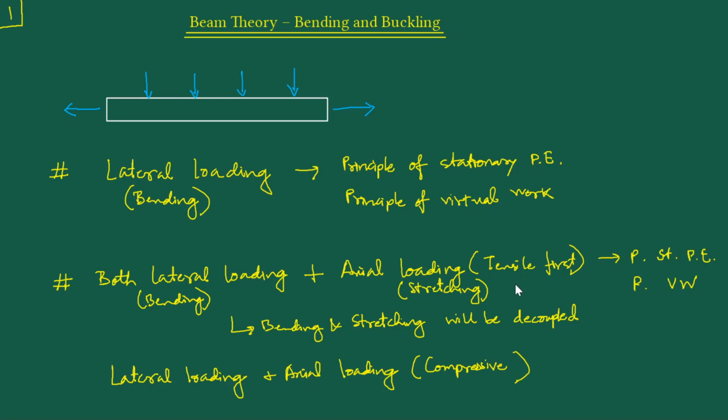There will only be a negative sign in the place where there was a positive sign for the tensile part. So the final conclusion, that bending and stretching will be decoupled, will still be true, except that instead of stretching, we'll now have some kind of negative stretching, meaning some kind of compression.